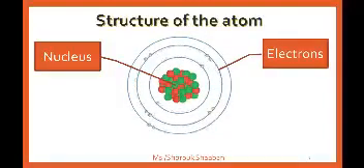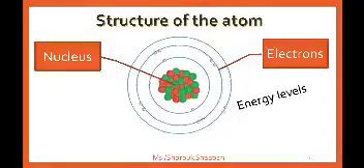Do you think these electrons are moving in a random way or do they have an organized and definite way? They have a definite way. These ways are called energy levels. So the street or the way that the electrons are moving on is called energy levels. Clear?